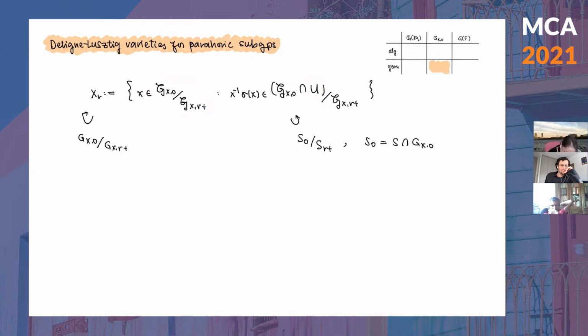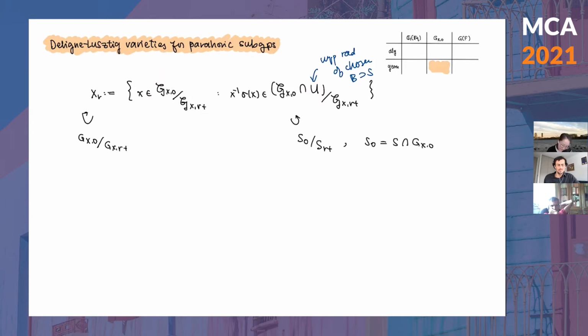So this is the unipotent radical of a chosen Borel B, which contains my original torus, which was called S.